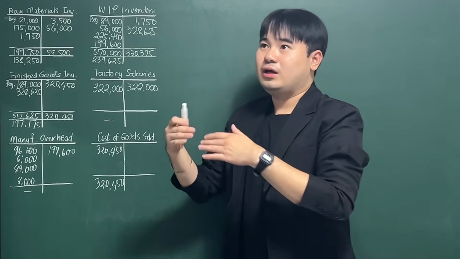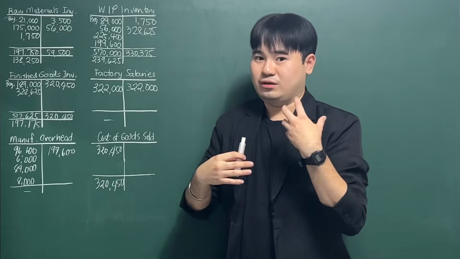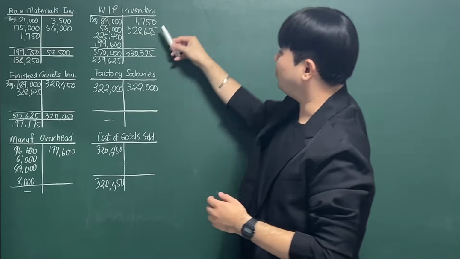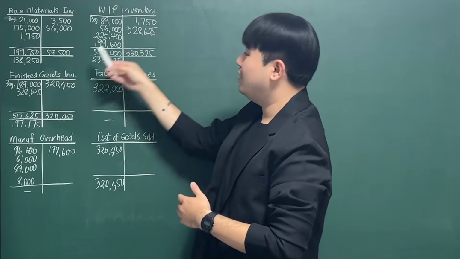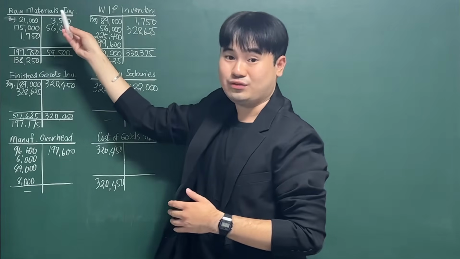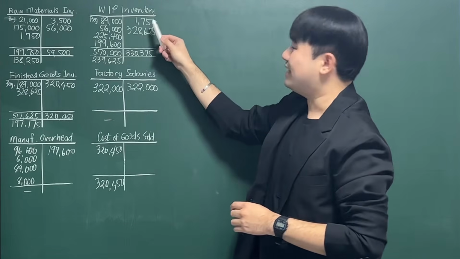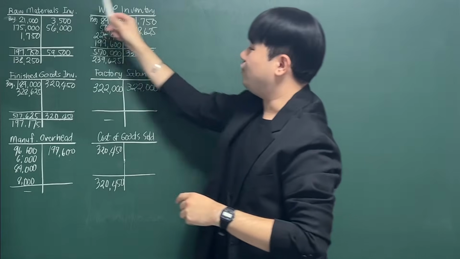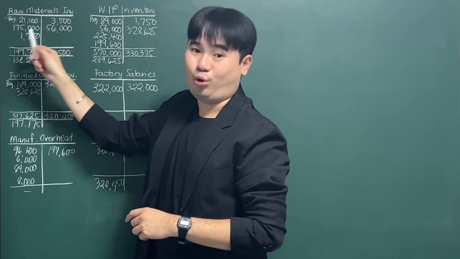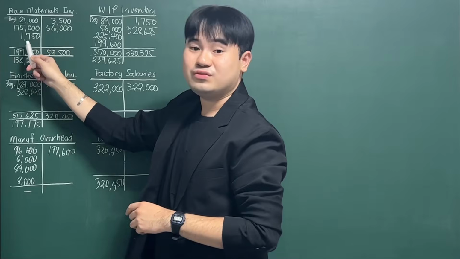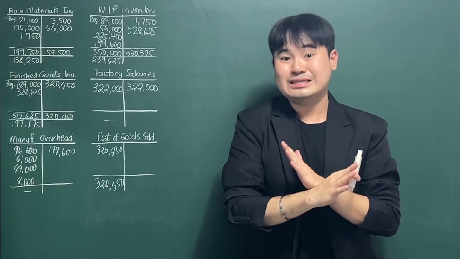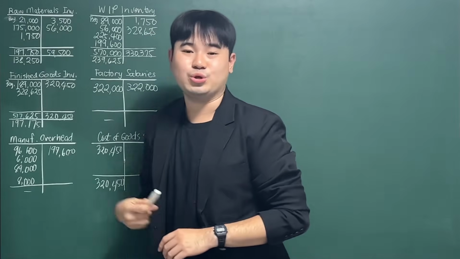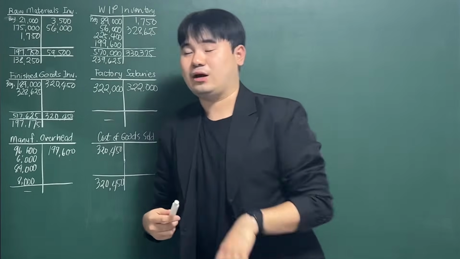So either it went out because it's already finished, or in this sense, it's a credit in your work in process inventory, but it was debited to your raw materials inventory, which means that this is excess materials from the production process that was brought back to the stock room of your raw materials. So this 1,750 is not a purchase. This is excess materials from the production going back to your raw materials in the stock room.